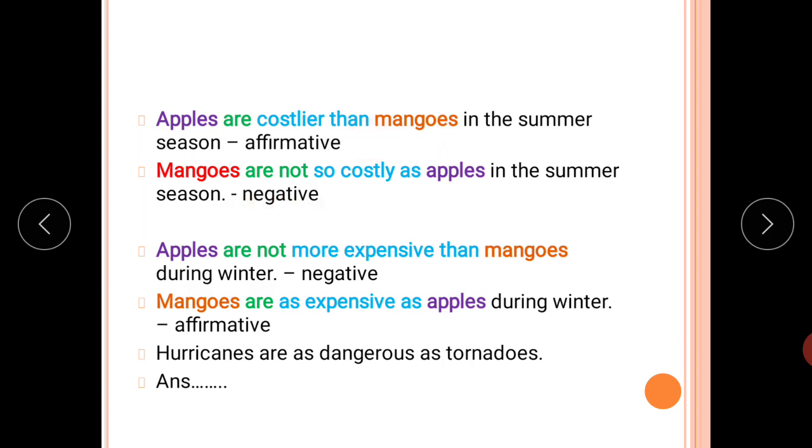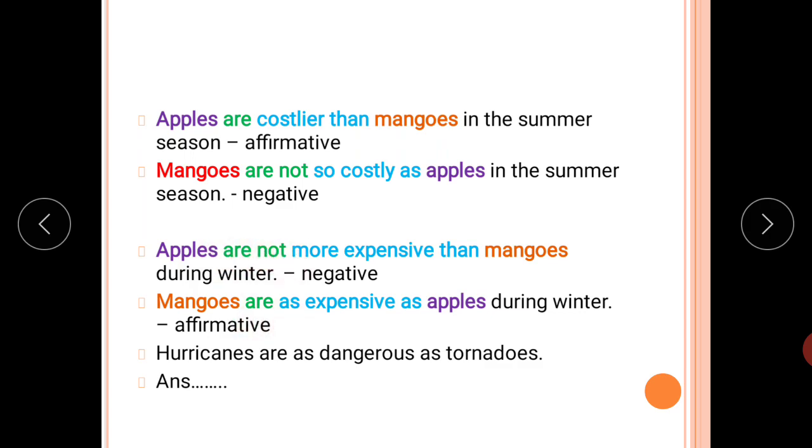Okay, let's see if it is given in the negative. Apples are not more expensive than mangoes during winter. It is in negative. Okay, we'll change it into affirmative or positive. But it is in comparative degree. Don't forget, comparative degree, you need to change that into positive degree. So, interchange of words. Mangoes comes here. Negative becomes positive.